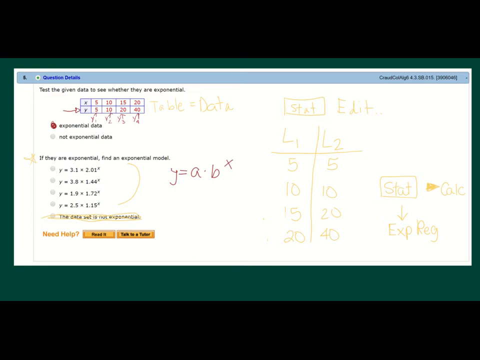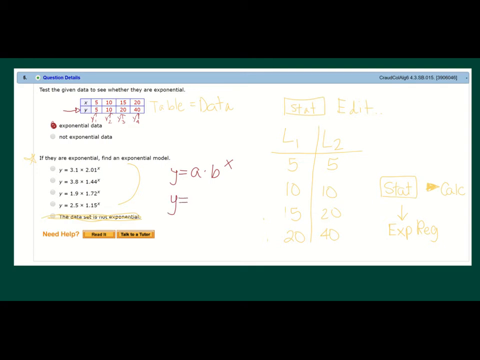Remember, the calculator has a predetermined usage of letters like X and Y and A and B. And we have other ways that we learn it, like whenever we were doing linear regression and you have y equals mx plus b, that didn't always match up with what the calculator had predetermined those letters to be. So just pay very close attention when you're substituting in here.